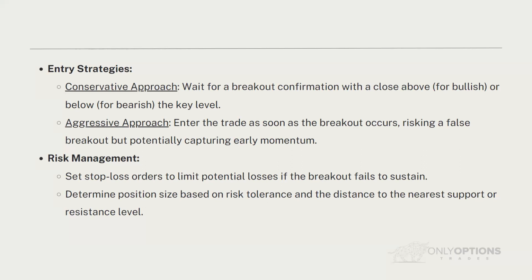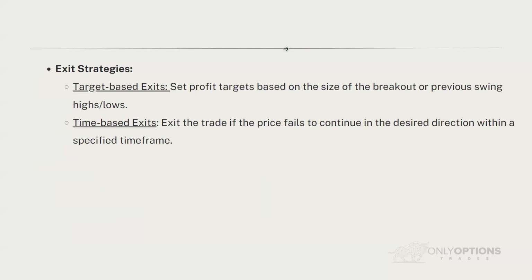But again, this is not anything different from what we have. It's just sort of the same. And as with every trade, it doesn't matter if it's a breakout, a momentum trade, or a scalp, you have to set a target on where you're going to be exiting your trade.